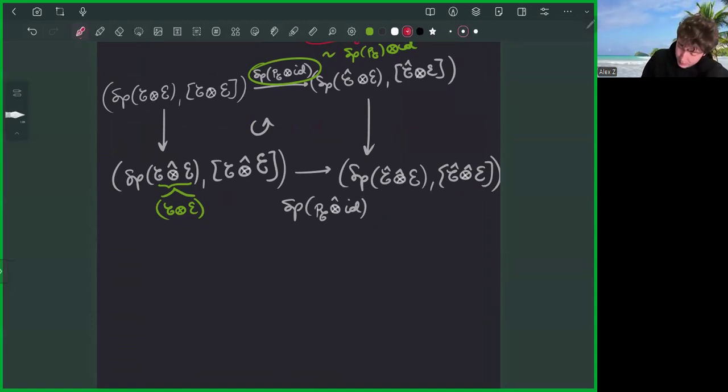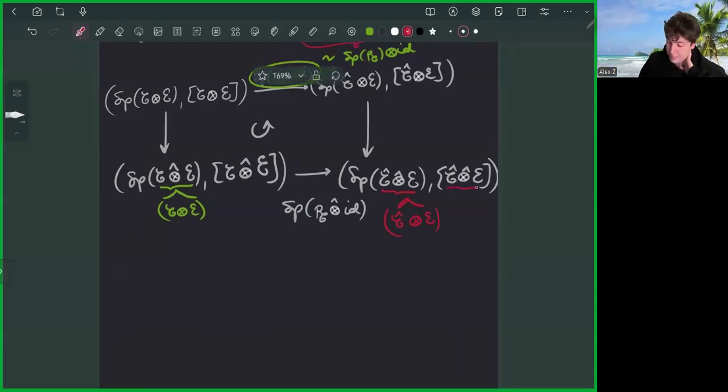Yes, so this here should be C, so the completion of C, then tensoring with E, and then taking the full completion of the whole thing. It's the second object of the pair that I'm talking about. But I guess you just use the monoidality. Yes. Right. Okay, great. Thanks.